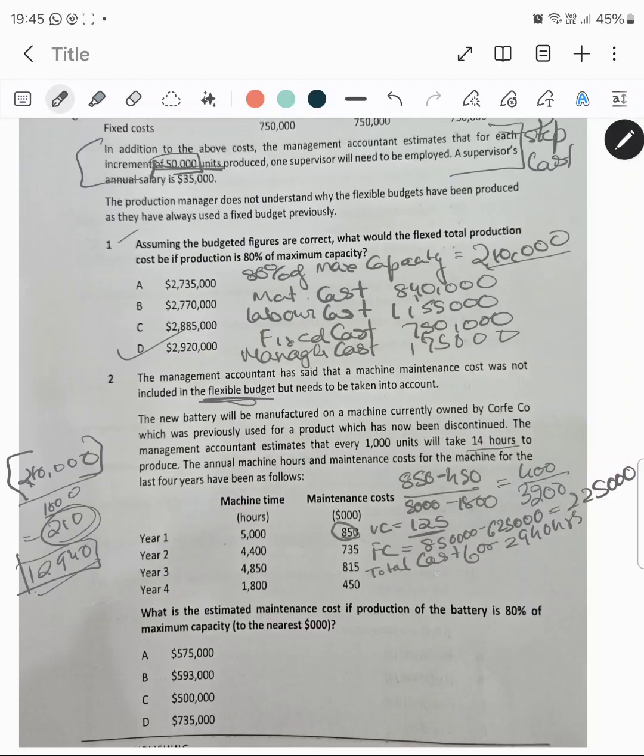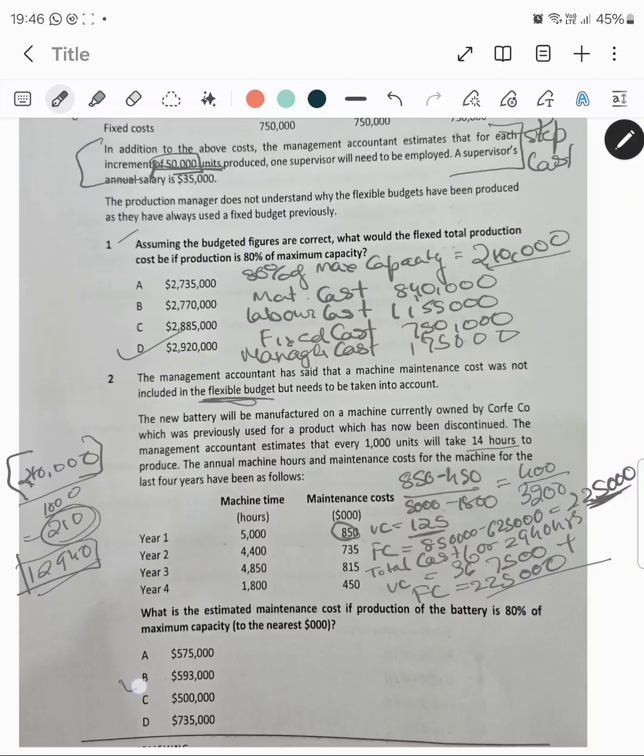Fixed cost I have evaluated as 2,25,000. Now I will add, and I will get the total cost, which is 5,92,500.